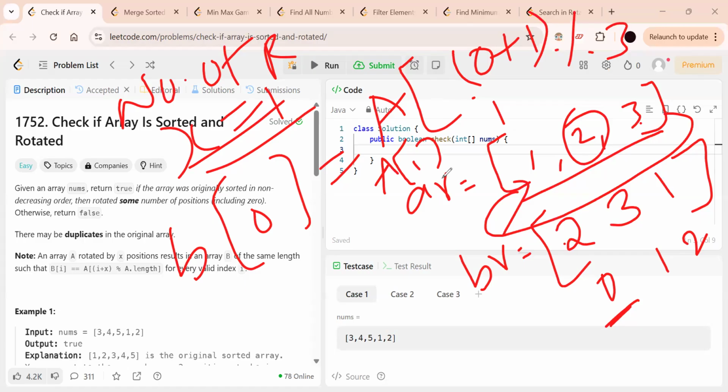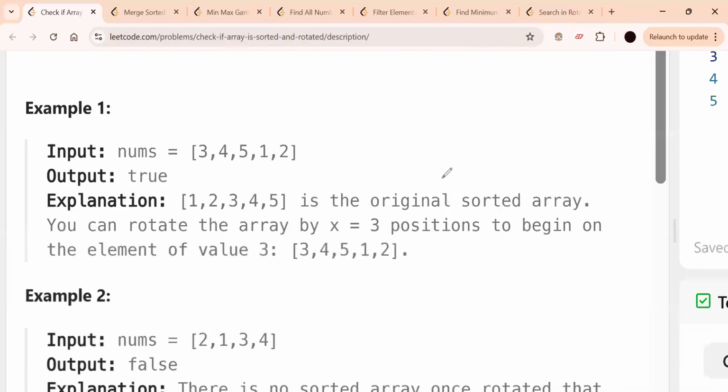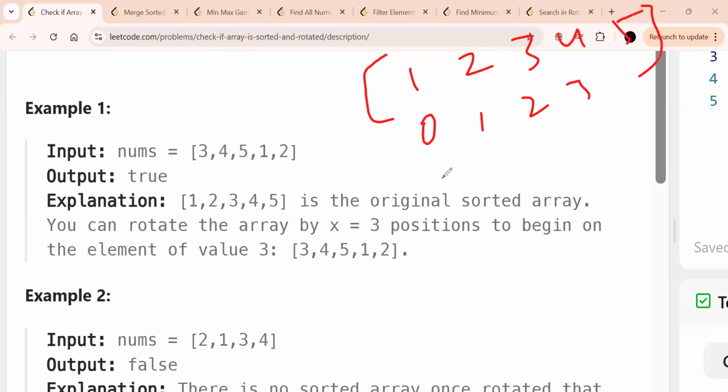Now let's jump into this one. Let's take one example and understand it properly. They have given us an array. The original array is 1, 2, 3, 4, 5, and the indexes are 0, 1, 2, 3, 4.